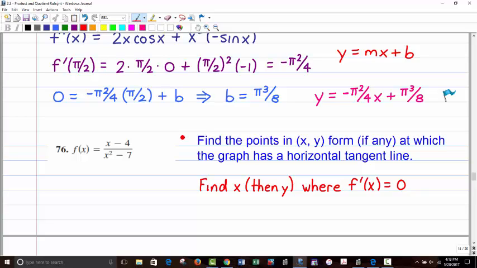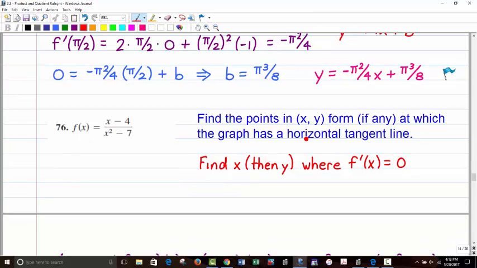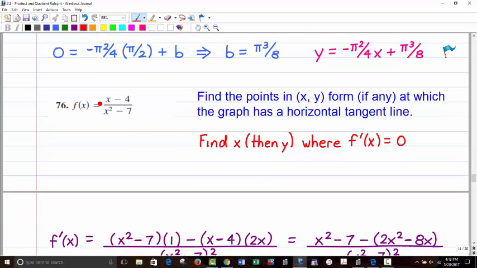The derivative gives you slope, and until we learn what the second derivative gives you later on. But for now, we have to find the derivative, set that equal to 0, and then we find how many x values we have, if there are any, and we plug it back.